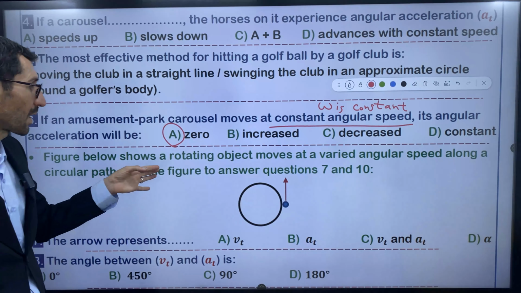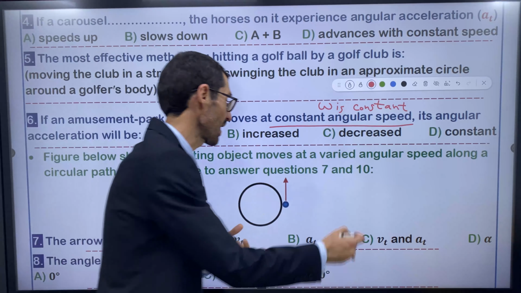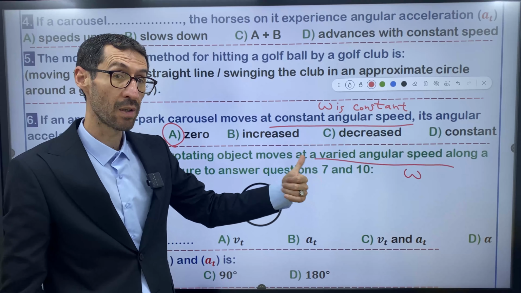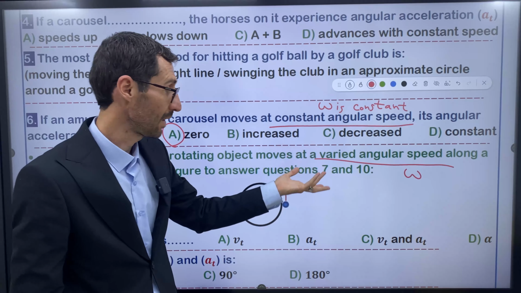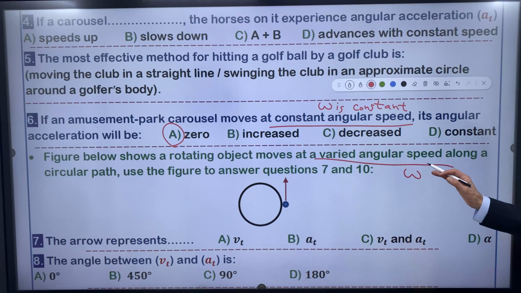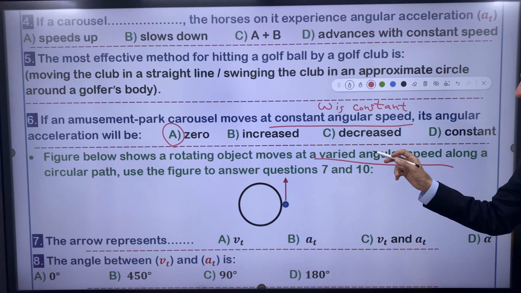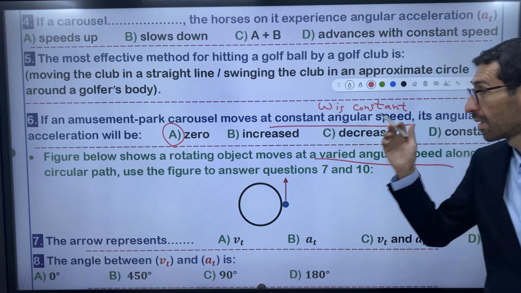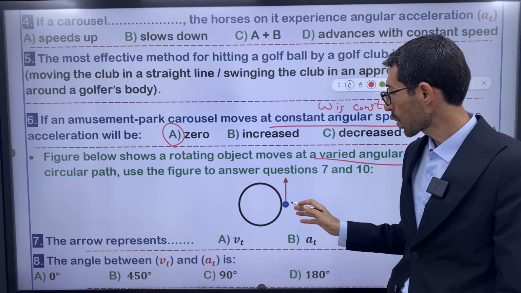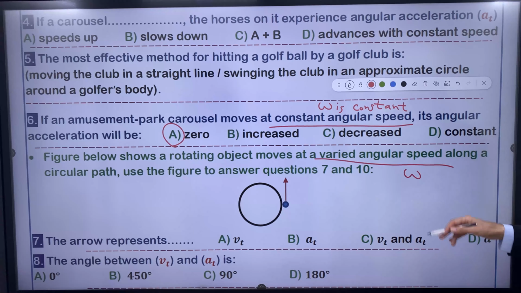The figure below shows a rotating object that moves at a varied angular speed. So omega is changing. Does acceleration form or not? You have to know this information because it says omega is not constant. Omega is changing continually. It says varied, right? The figure below shows a particle, an object moving with a varied angular speed.